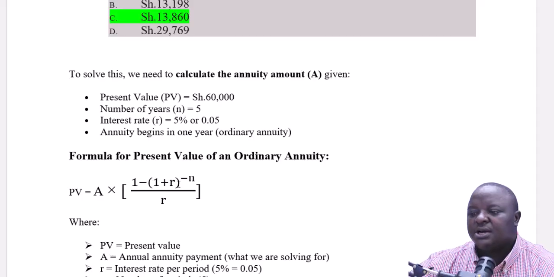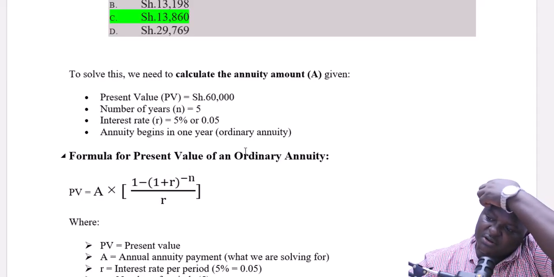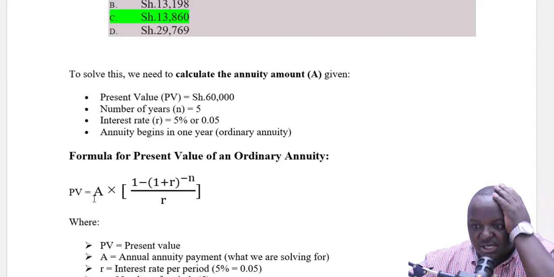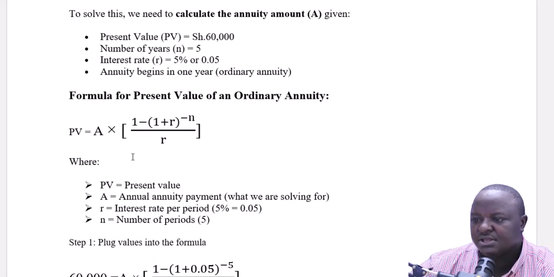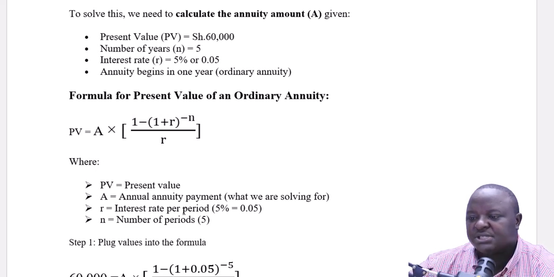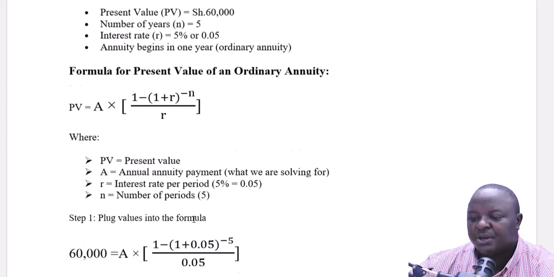So the formula for the present value of an ordinary annuity is PV = A × (1 − (1 + r)^−n) / r, where PV represents the present value, A represents the annual annuity payment, what we are solving here, r represents the interest rate per period, that is 5%, as we have been told, and n represents the number of periods.